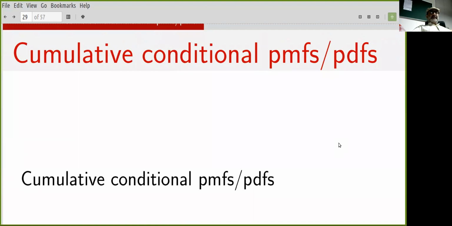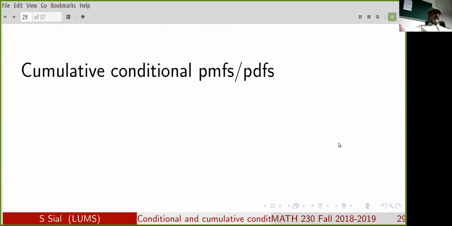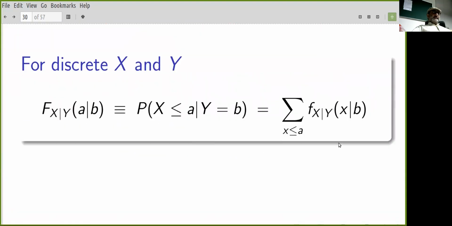Now, for PMFs and PDFs, before we had related cumulative mass functions and cumulative distribution functions. If our PMFs and PDFs are now conditional PMFs and conditional PDFs, then we can also talk about cumulative conditional PMFs and PDFs. This is how we define them.